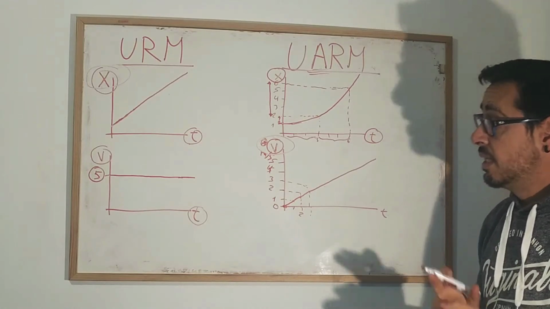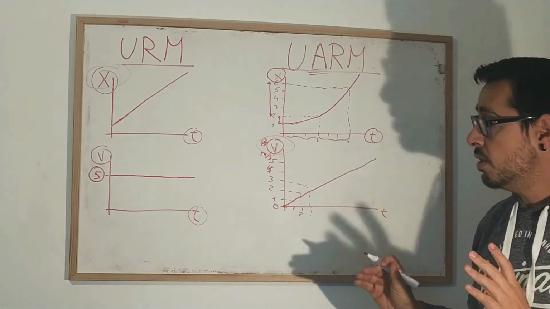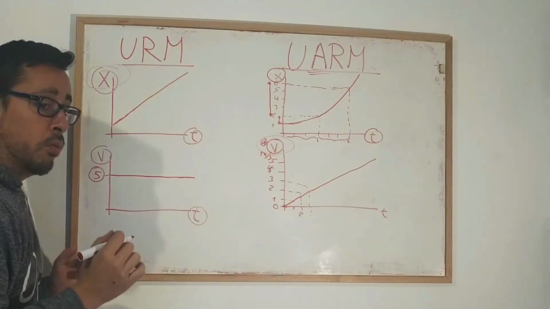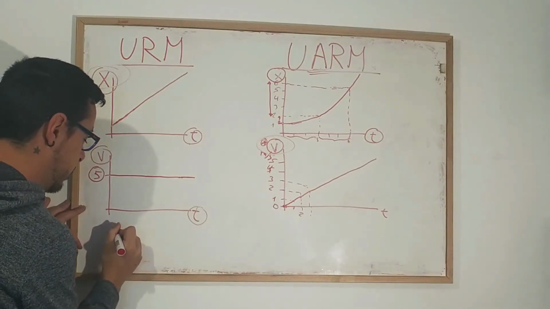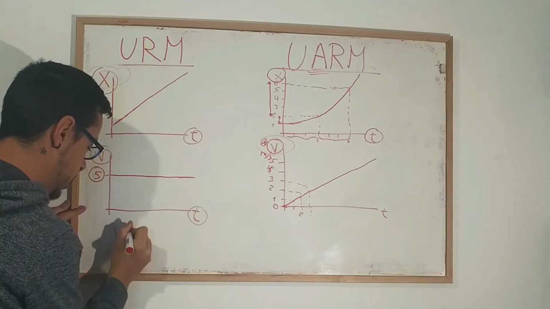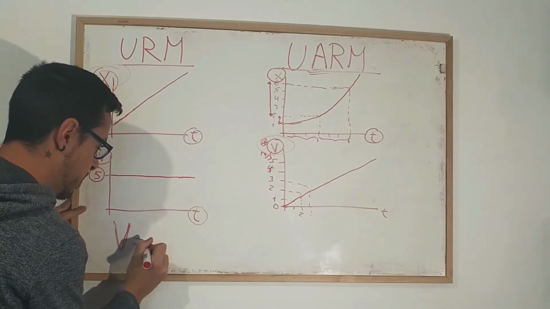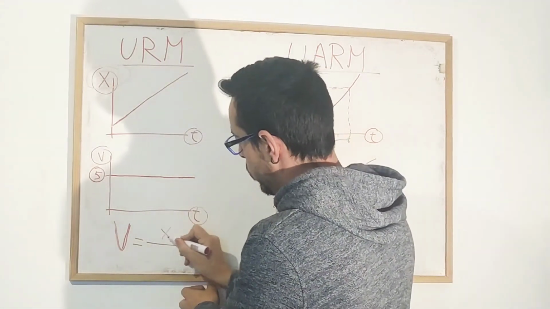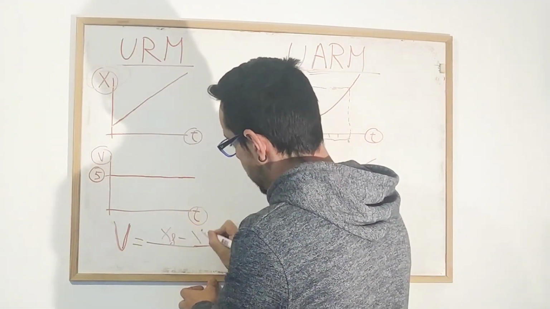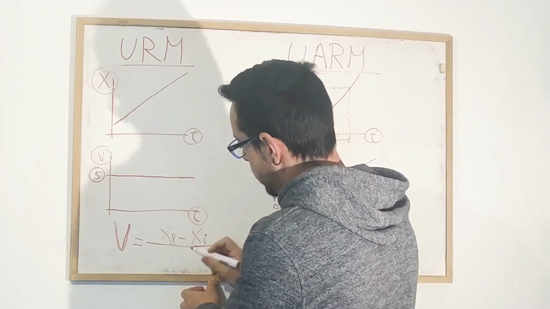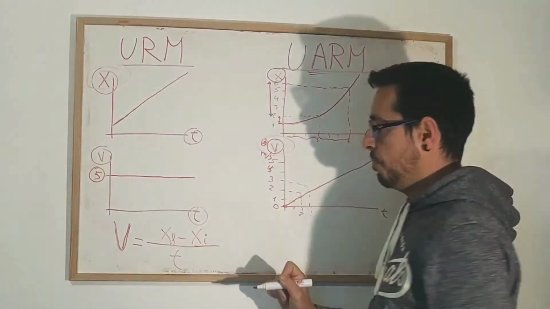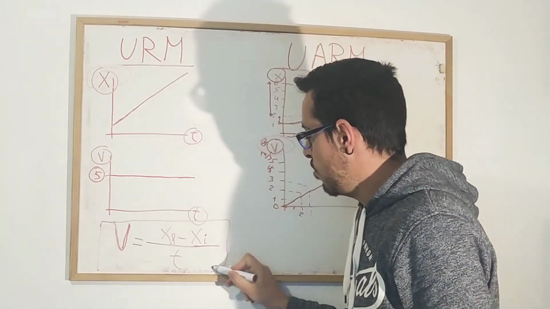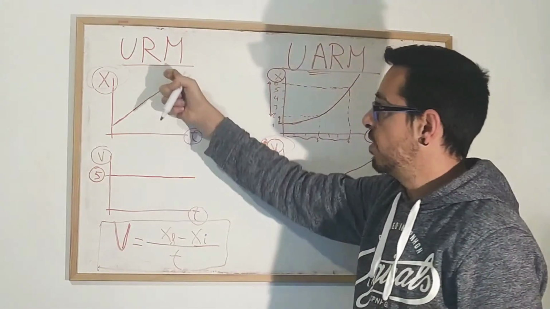And finally, the formulas we've been using are: in uniform rectilinear motion, we use the formula of the speed. Velocity equals final position minus initial position divided by time. This is the formula we are going to use with this kind of motion.